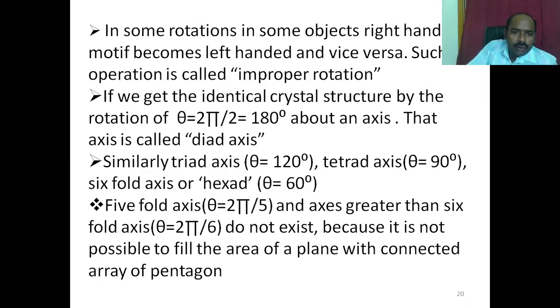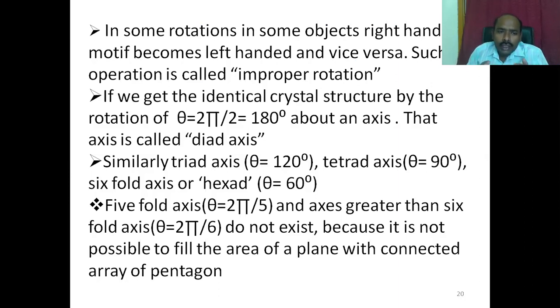Similarly, theta equal to 120 degrees we get when n is equal to 3. In such a case, we rotate the crystal by 120 degrees and get a similar appearance of the crystal.